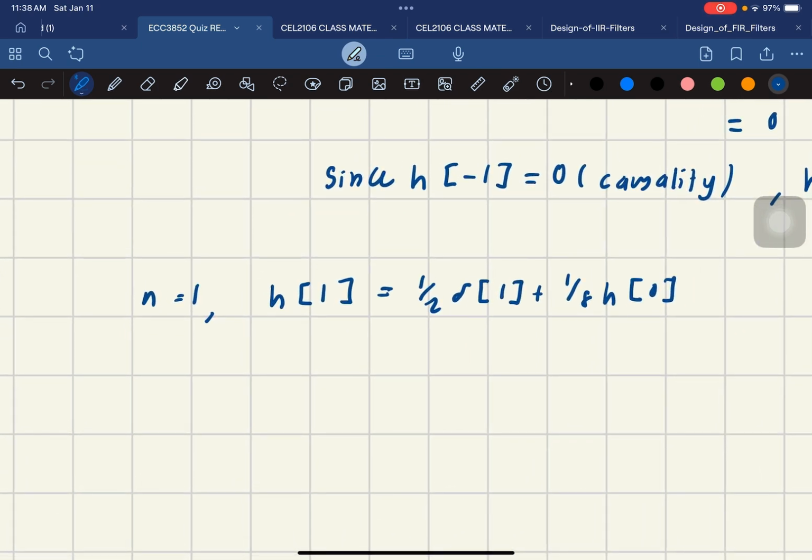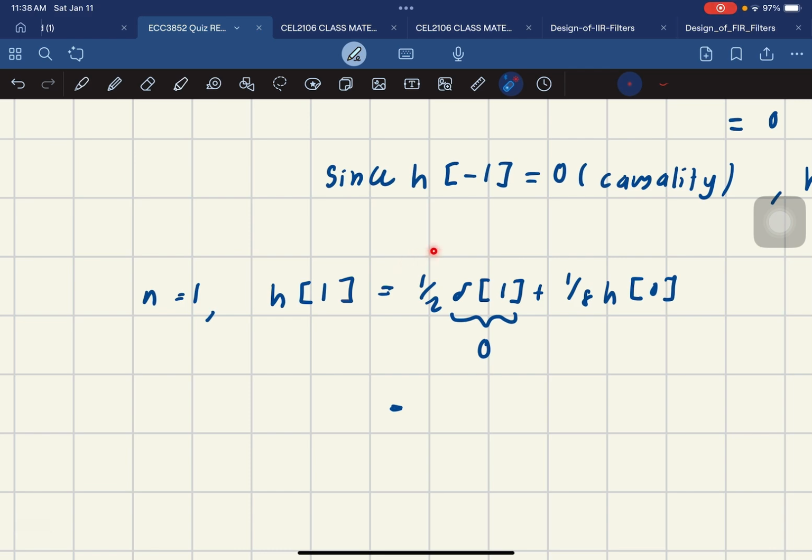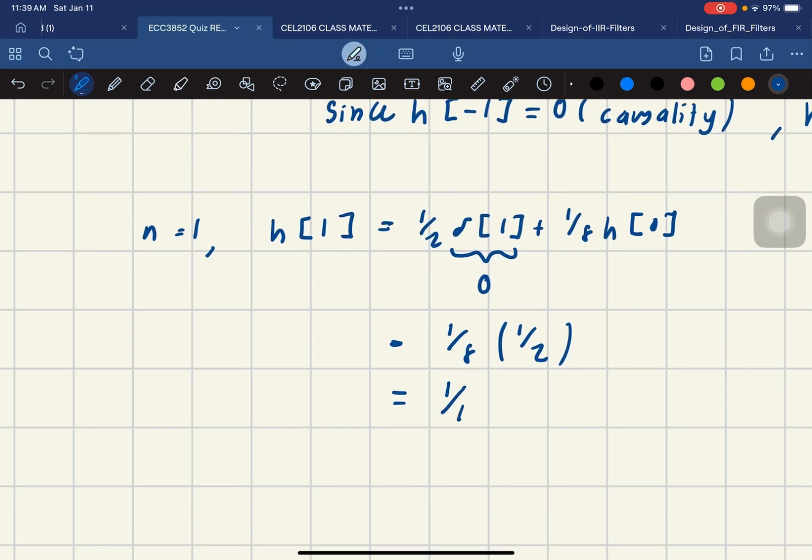As the same, the d1 will be 0, so there is no term here. So 1/8 h naught, where h0 is 1/2, so it will be equal to 1/16.